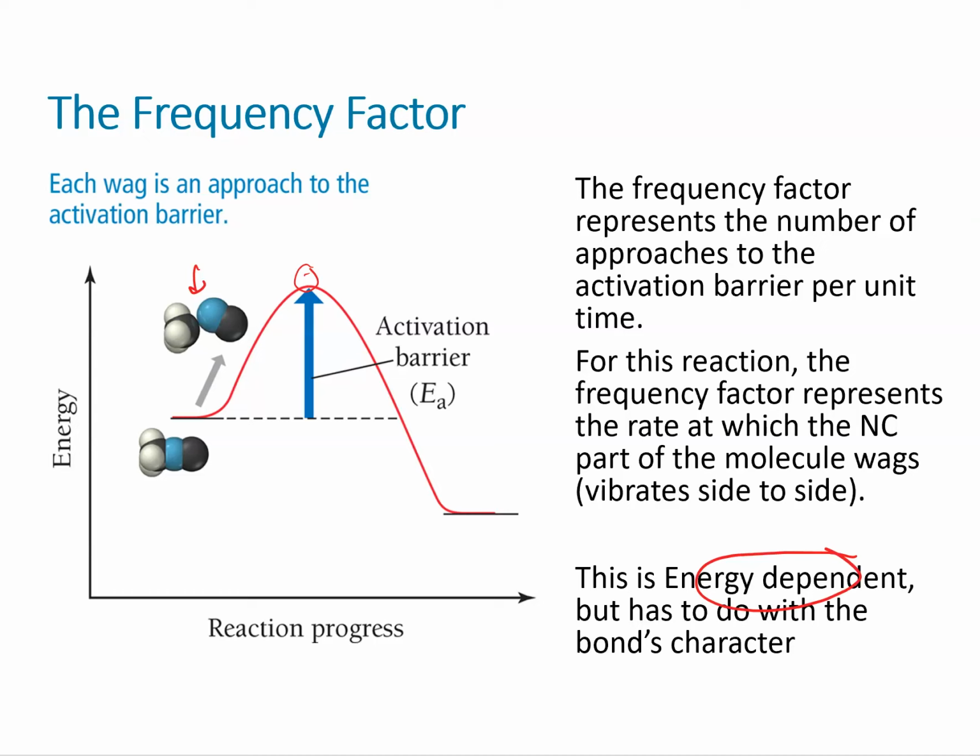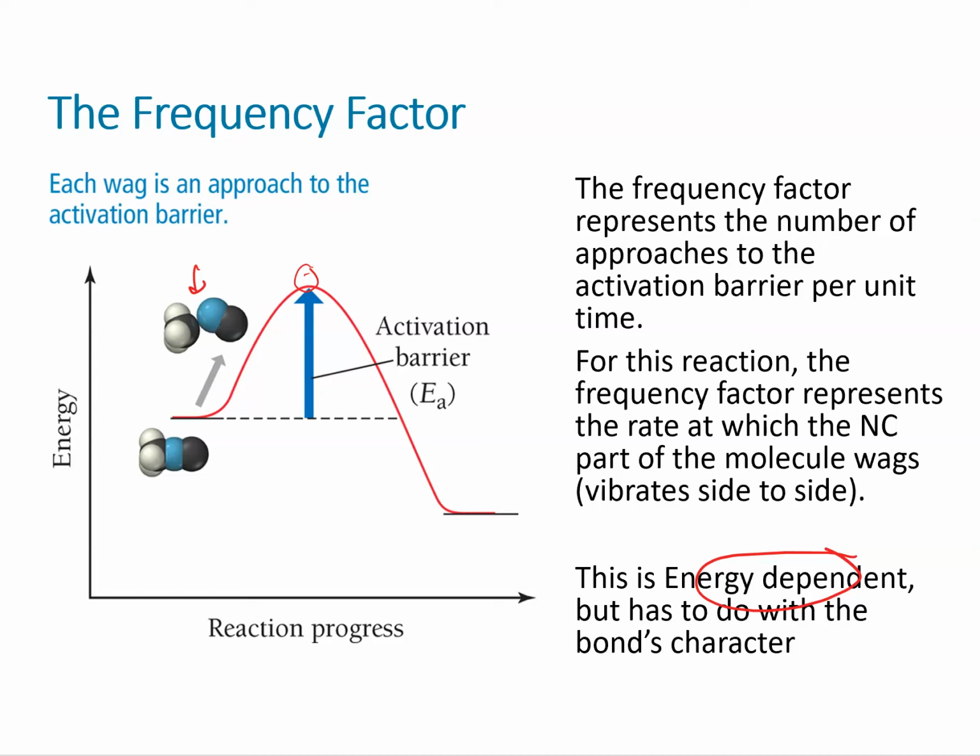So if a bond is a weak bond, inherently not stable, a high energy bond, it's going to take less energetic impetus to get it to stretch further out of its semi-stable state to a transition state.